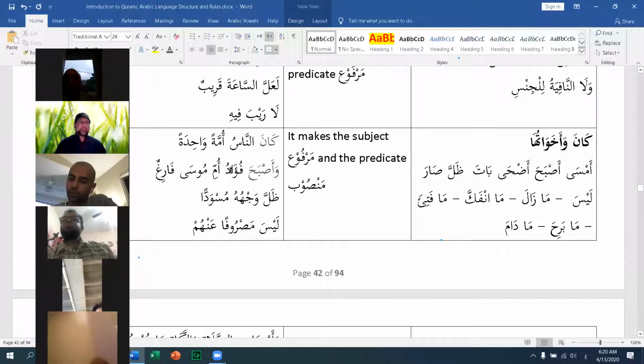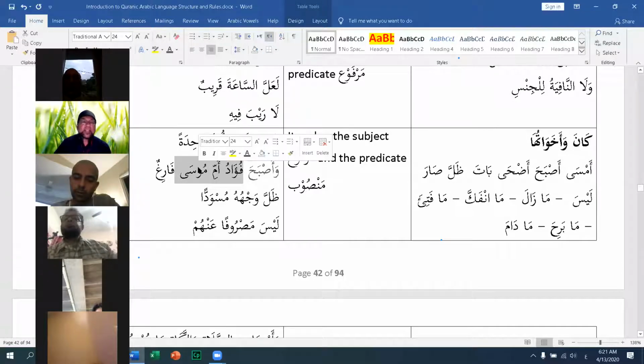The heart of the mother of Musa. Musa's mother heart. That's the mubtada. Fuad is mudaf. Ummi Musa mudaf ilay. But the whole thing, al-mudaf ilay, is mubtada. Fuad Ummi Musa, the heart of Musa's mother, farighun, was empty.